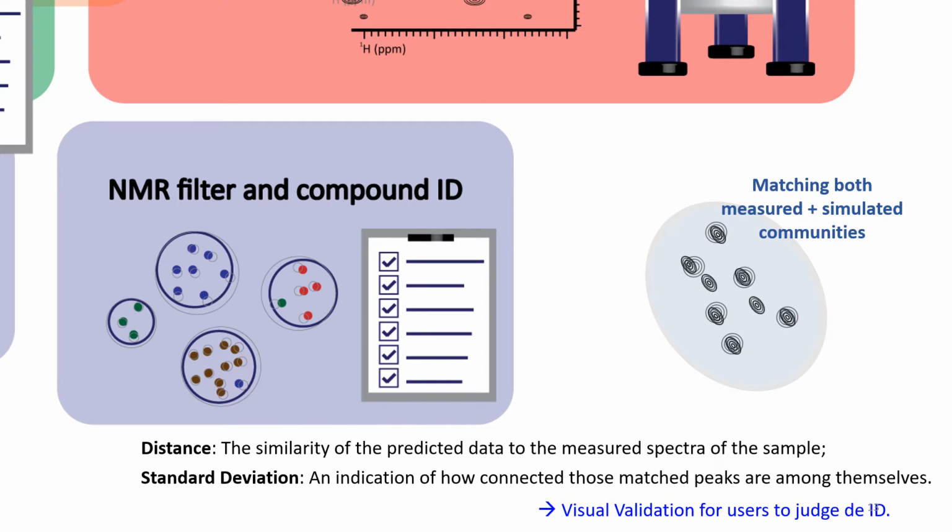The other indication is the standard deviation, which tells us something about how connected those matched peaks really are among themselves. At the end, we added a visual validation step for users to be able to judge how correct the identification is.